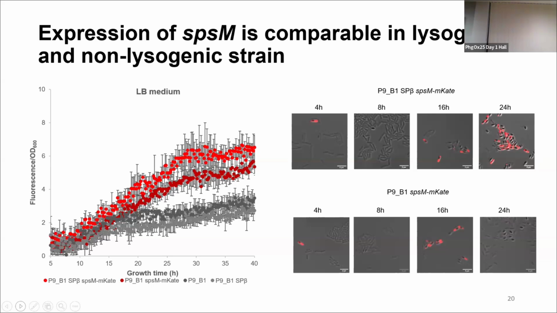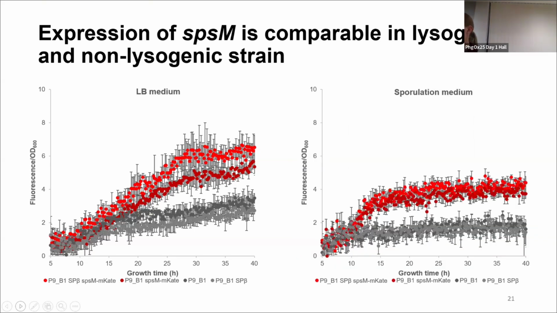In the non-lysogenic strain, though, we observed a little bit of difference, as if the cells would start to lyse earlier and we would have the signal lost.